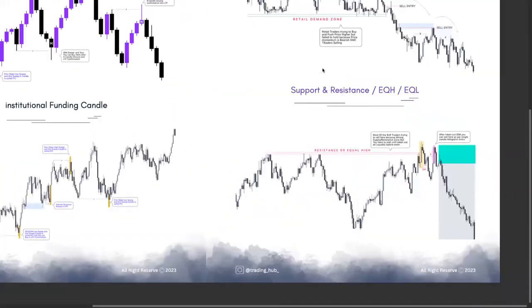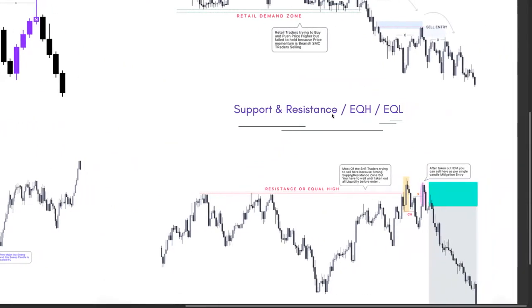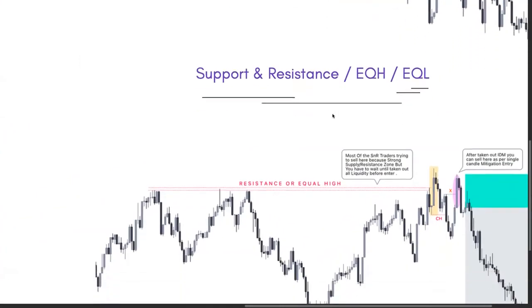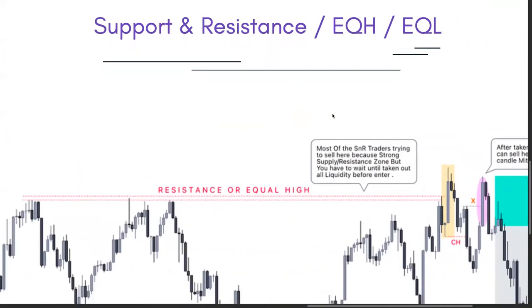So everything is liquidity. Even the order block is also liquidity, correct? But you have to think in a different way, right? First, identify the zone where most people are entering for the buy or sell. For example, here, this is our resistance zone, or you can say supply zone. People are buying here, correct?